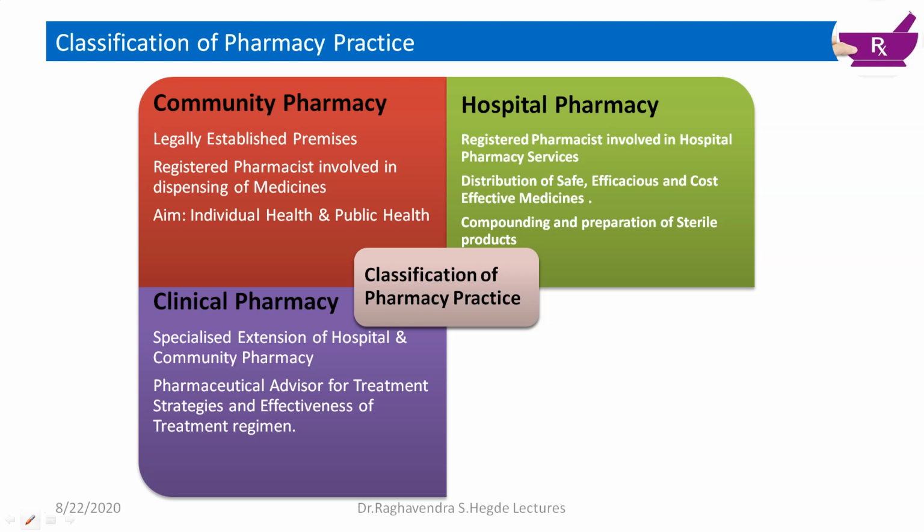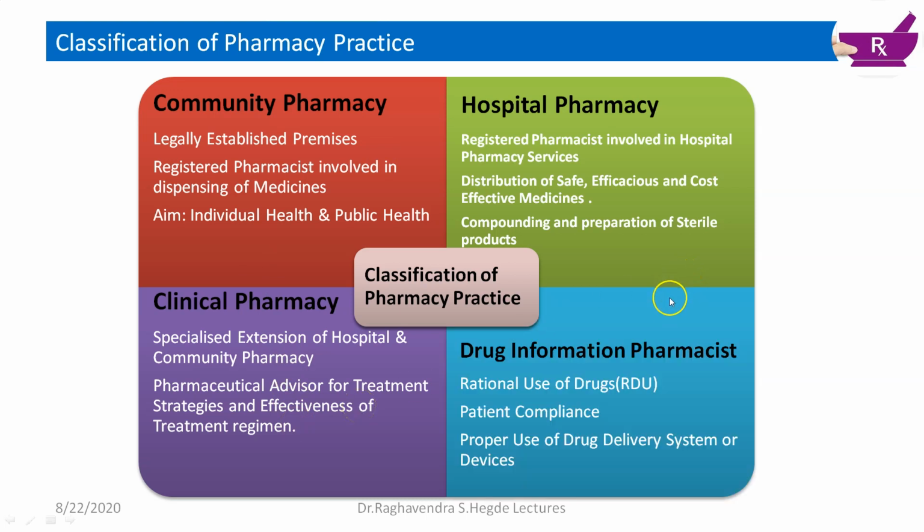They undergo residency programs in a specialized area and are often referred to as super specialty clinical pharmacists. That we will study in the coming slide. So he works like a pharmaceutical advisor for treatment strategies and designing the effectiveness of treatment regimen.